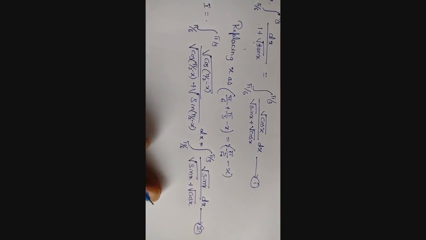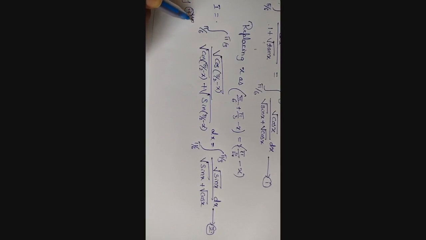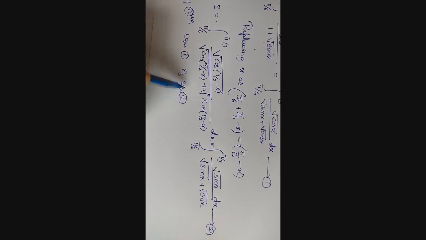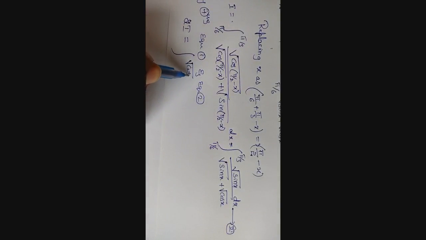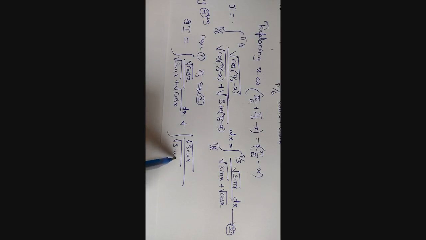Okay, by adding equation number 1 and equation number 2, we will get I plus I, 2I, in the left hand side, and also the integral of root of cos x divided by root of sin x plus root of cos x into dx, plus root of sin x divided by root of sin x plus root of cos x into dx.